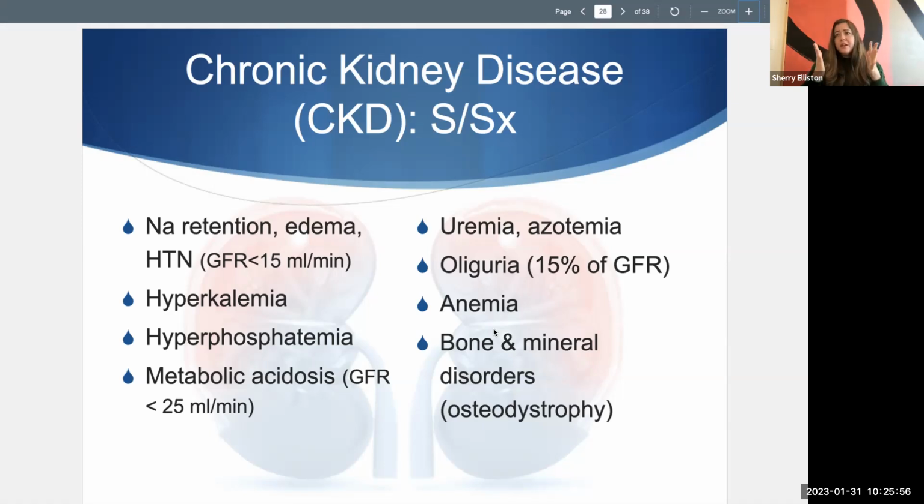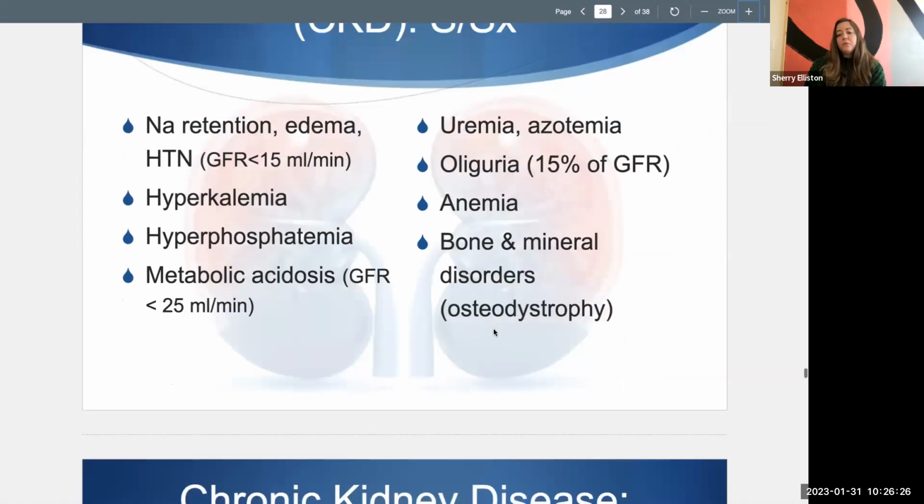And I don't know if you've been in the hospital and seen those, if a patient is in bed and they have a foley catheter inserted, that will be voided into a bag. And a lot of times doctors use that to measure the urine output daily to see how well the kidneys are functioning. We'll also see things like anemia, and then bone and mineral disorders, as we talked about previously in a couple of slides before.